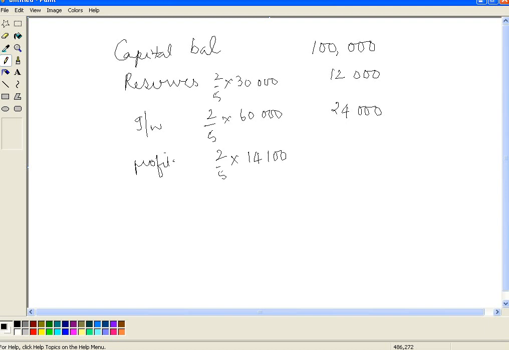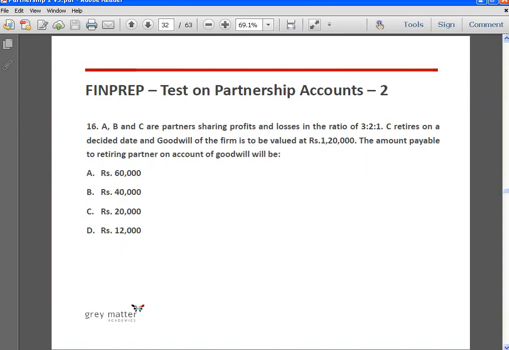So it is 14,100 divided by 5 into 2, which is 5640. Total of this will be 1,41,640. So this is the amount to be transferred to loan account. Right? So answer is A.